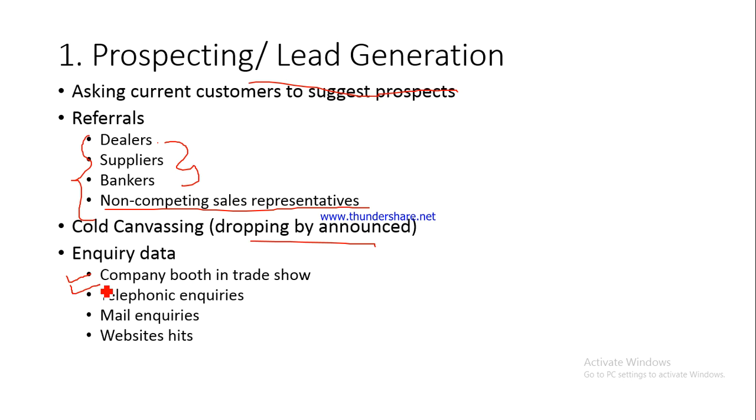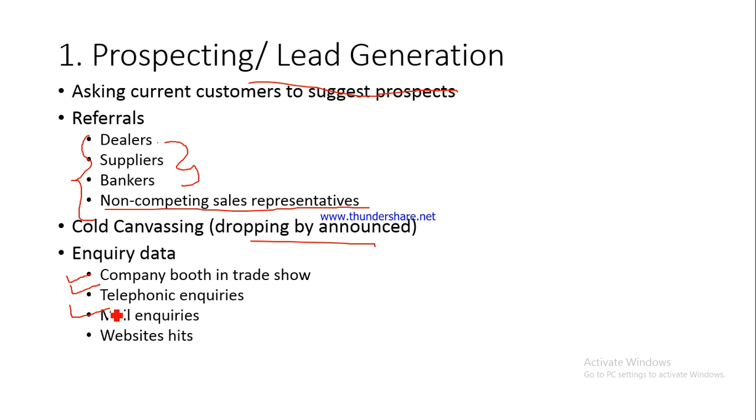So this is basically telephonic inquiry. Then if you have received inquiries through emails, or some people have visited your website and spent a considerable amount of time on it, this would mean that they must have been interested in your offer.